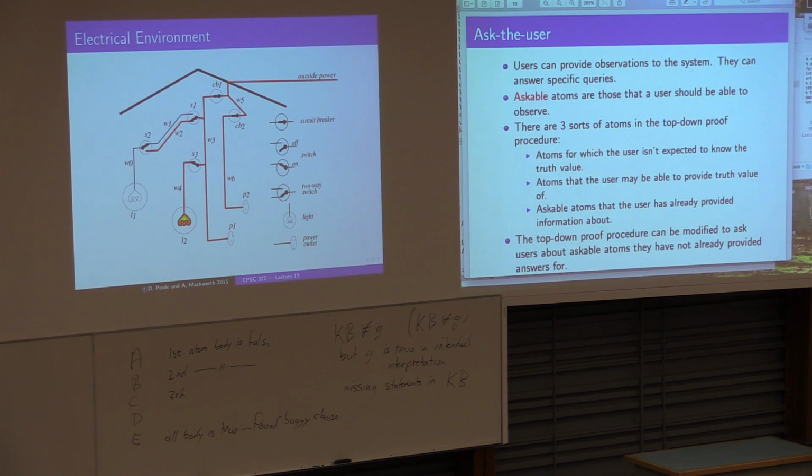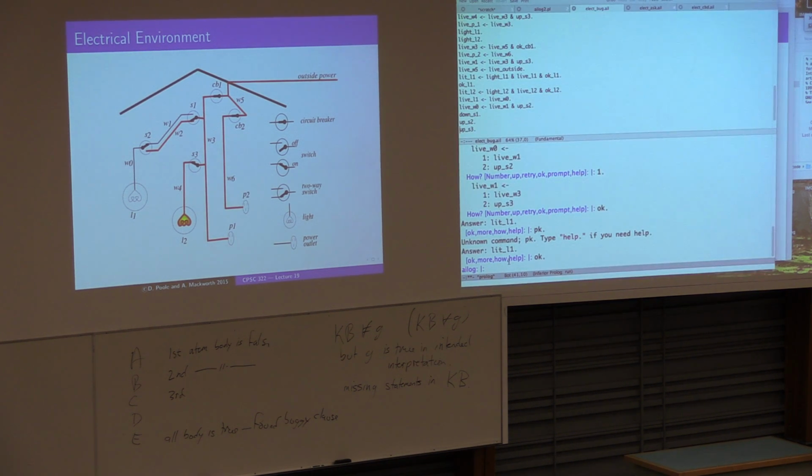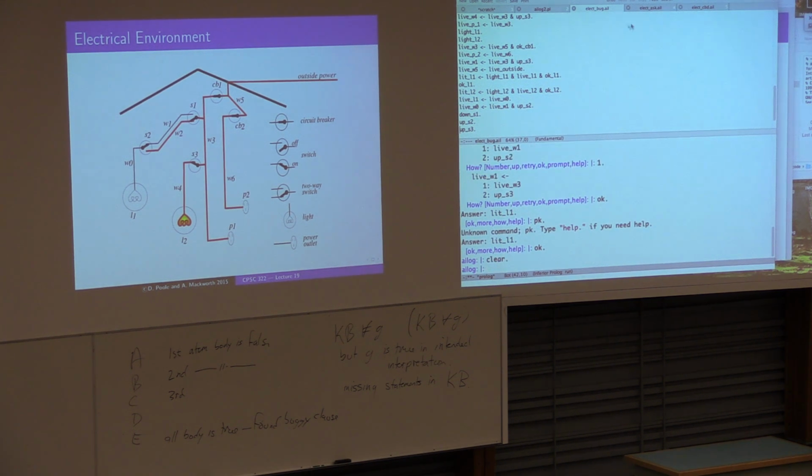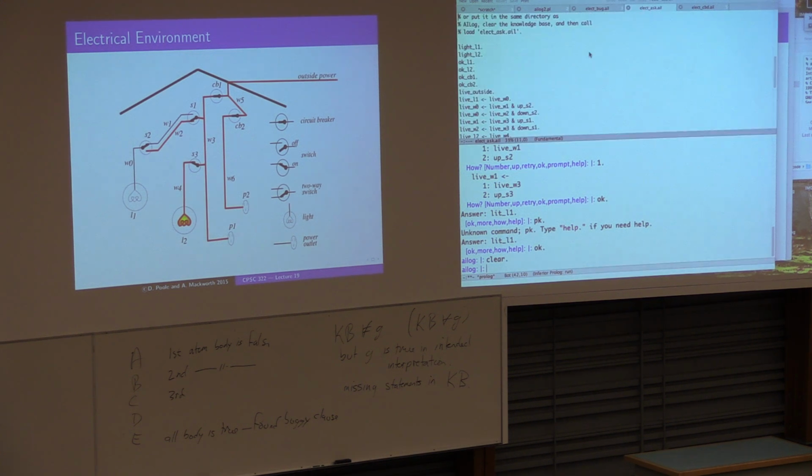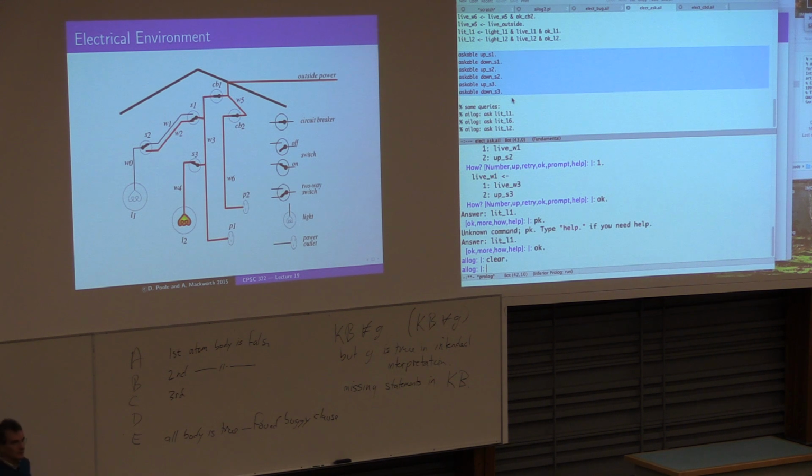All right, so we have this thing, and let's clear this. And I'll ask another one. This ask the user one actually is the same as before, but in this ask the user we just add a clause to the system. We can just say some things are askable.